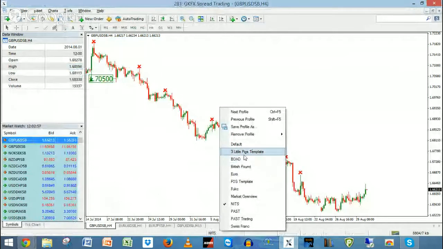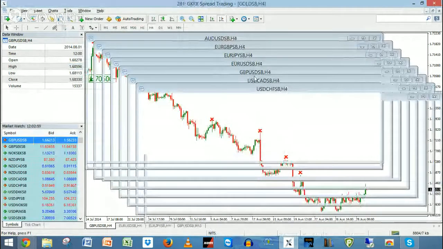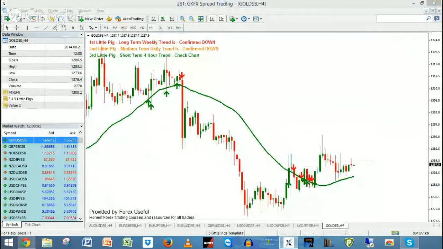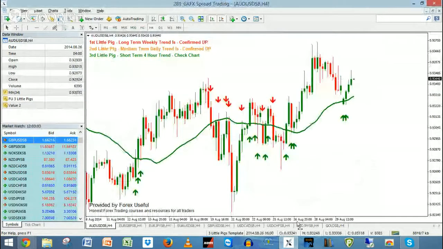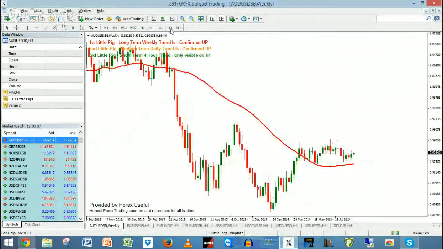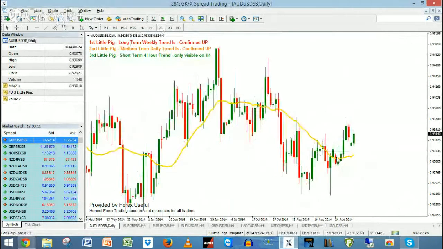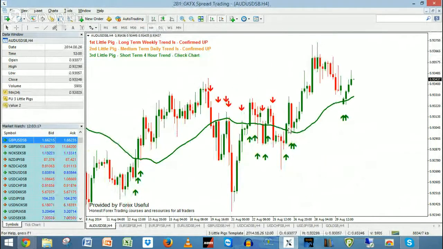I'll just pull up the Three Little Pigs. Okay, so Aussie dollar, we're in a confirmed uptrend here. On the weekly we can see we're above the moving average, and on the daily we've been up and down here, but we're clearly above it now. The last entry was back over here.